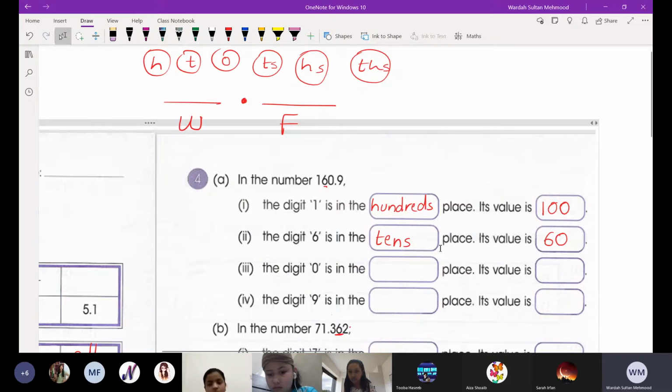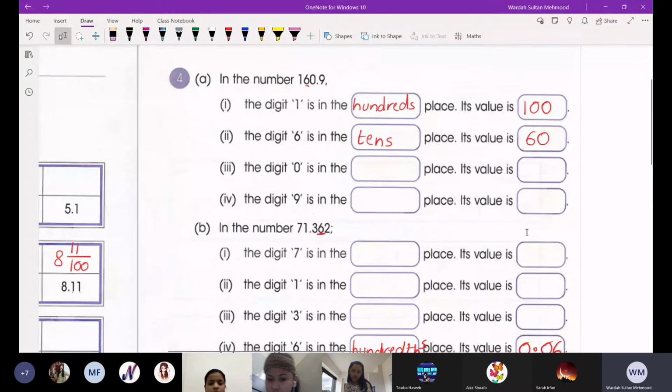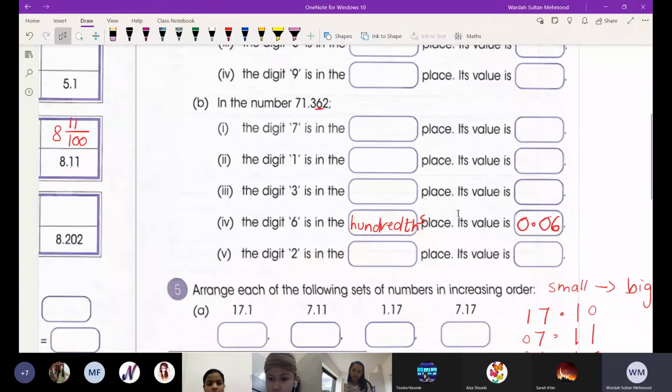In fact, let me tell you the values for these numbers. Let's say 1 is in the hundreds place, so its value is going to be 100. 6 is in the tens place, so its value is going to be 60. Please be careful with the value and places. I have written a few values in places, so just look at the screen before you do this question.